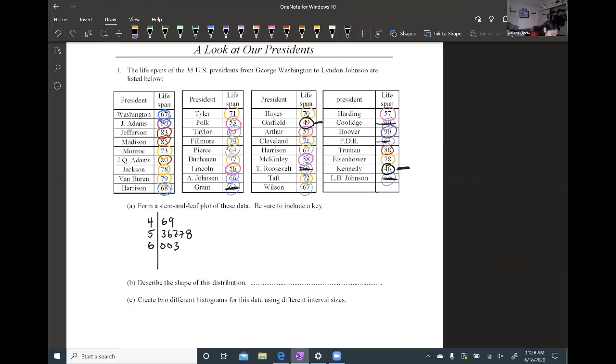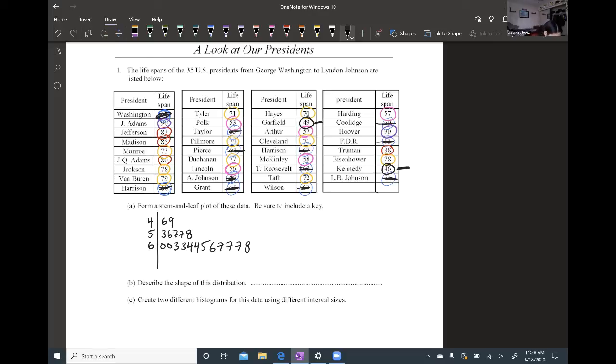So I need another 3, 4, 7, 7, 7. I have another 4 right there. 65 right there. 66. 67 and 7, 7, 7. Oh, 7 and 8. And I think that's all the blues.